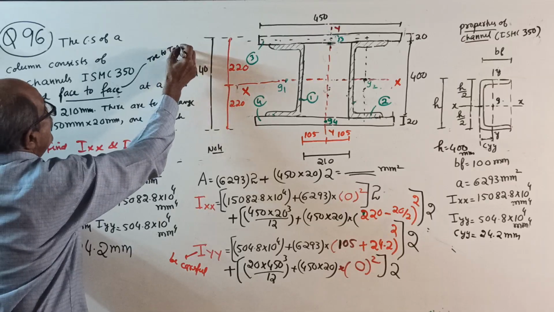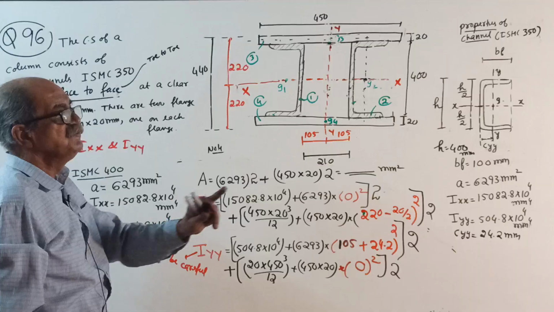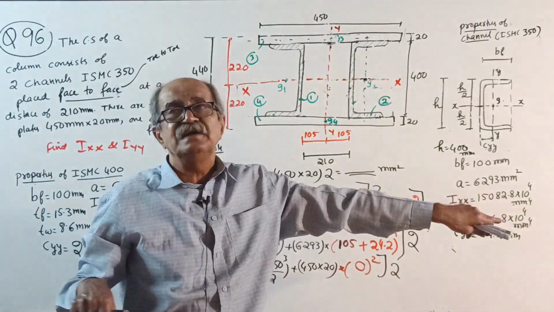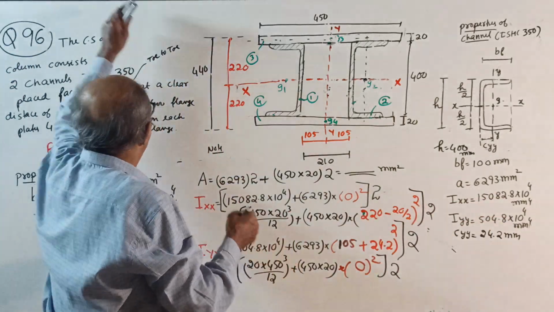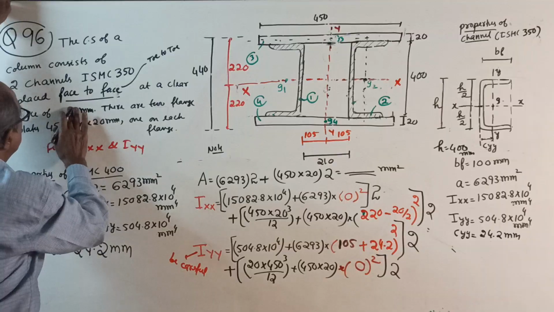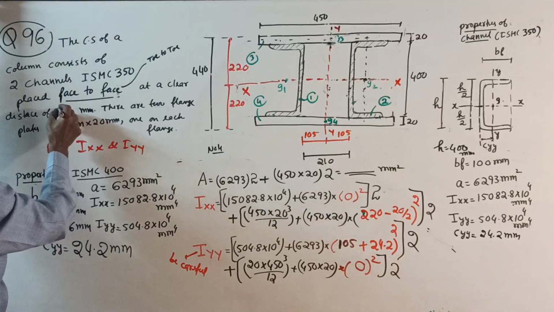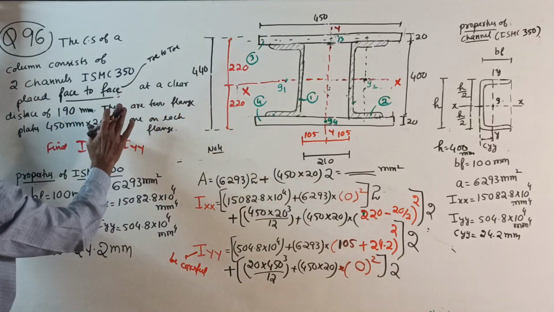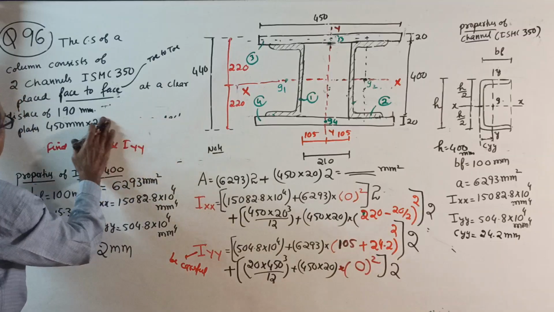Both are the same. One person looking this side, one person looking that side, back to back. Now they are facing each other at a clear distance of say 190 millimeter. That's all for this question.